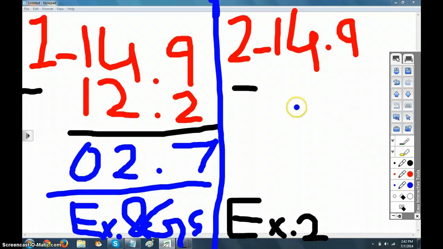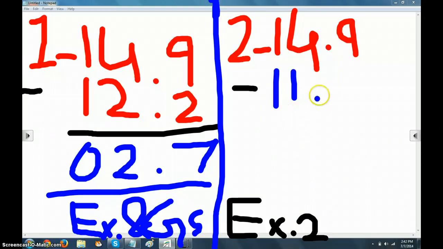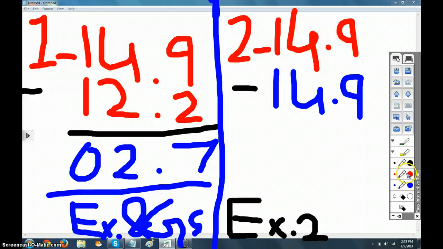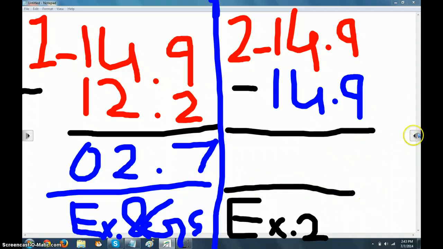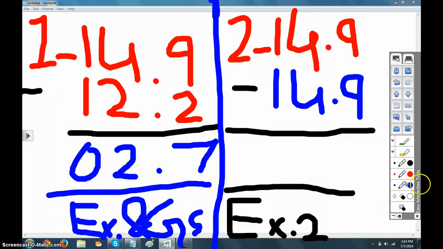Now I'm going to write another 14.9. Good example, huh? I'm going to draw the line with the black pen, and now I'm going to write the answer. Let's subtract together, highlighted with green.